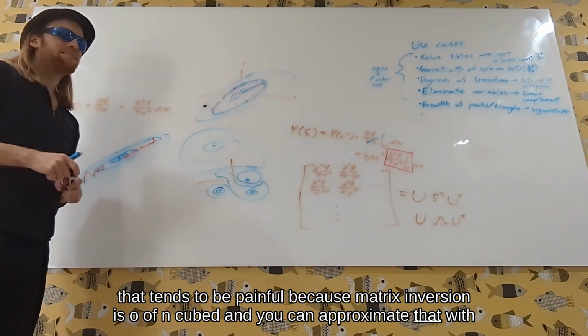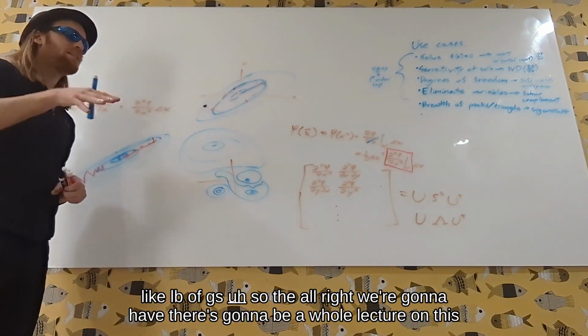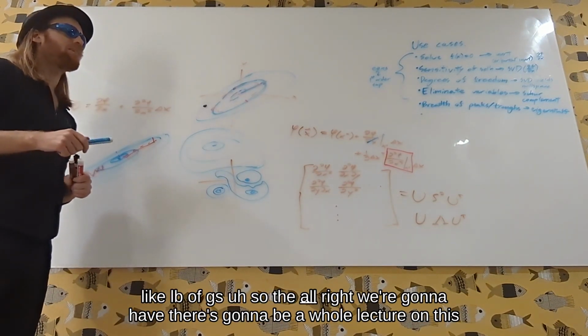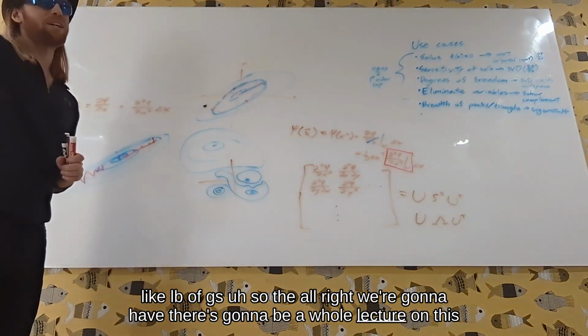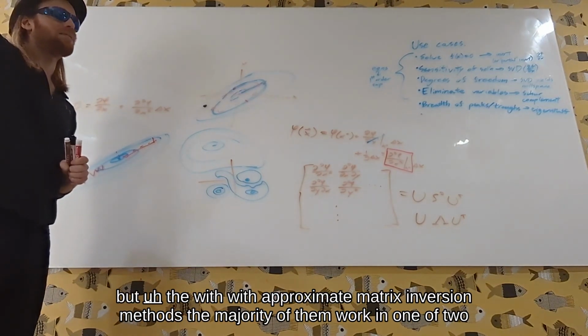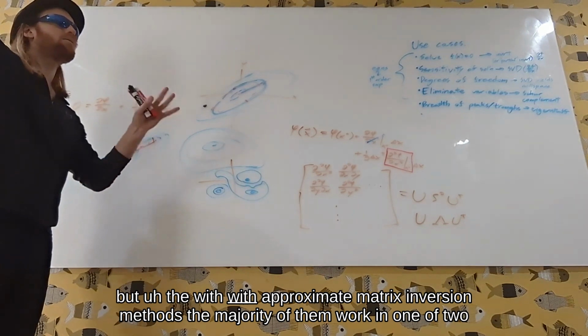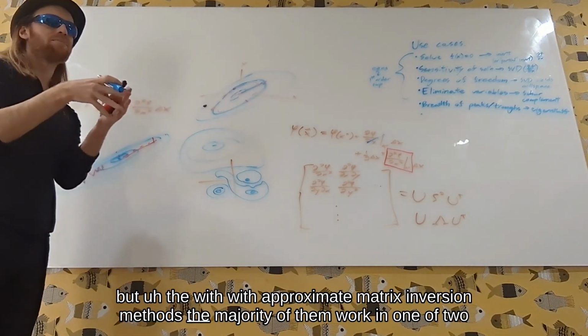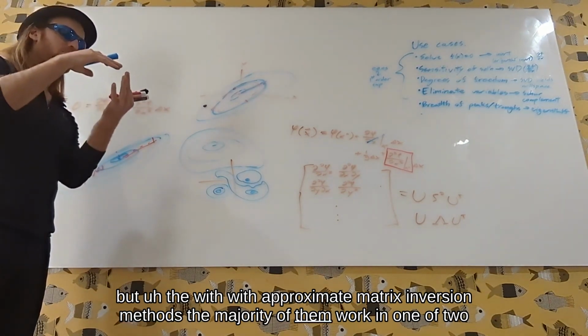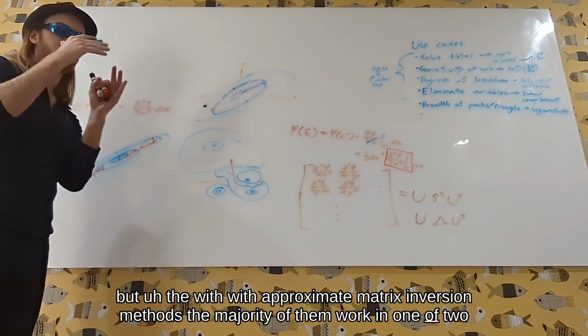And you can approximate that with something like LBFGS. There's going to be a whole lecture on this, but with approximate matrix inversion methods, the majority of them work in one of two ways.